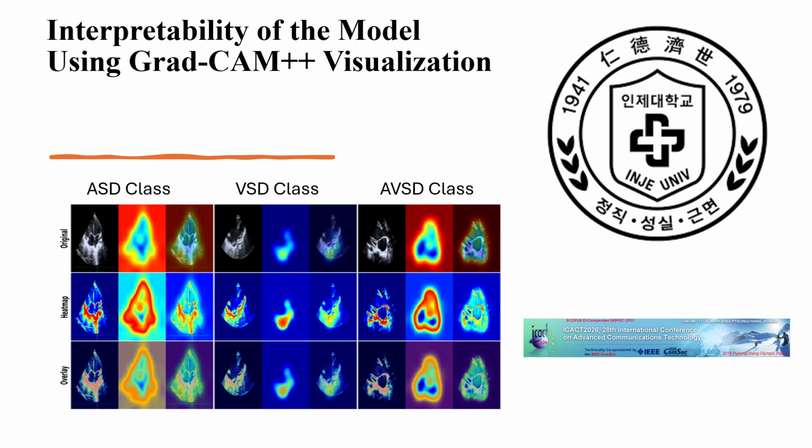Here is the interpretability of the model using Vit-CAM++ visualizations. These examples show Vit-CAM++ heat maps for ASD, VSD, and AVSD cases. The highlighted regions correspond to actual defect localization, demonstrating the clinical reliability of the proposed system.